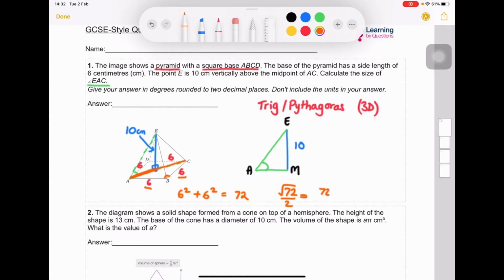Root 72 over 4, which equals 18, is it 18? Yes, it's 18. Of course, root 18. So this is root 18.